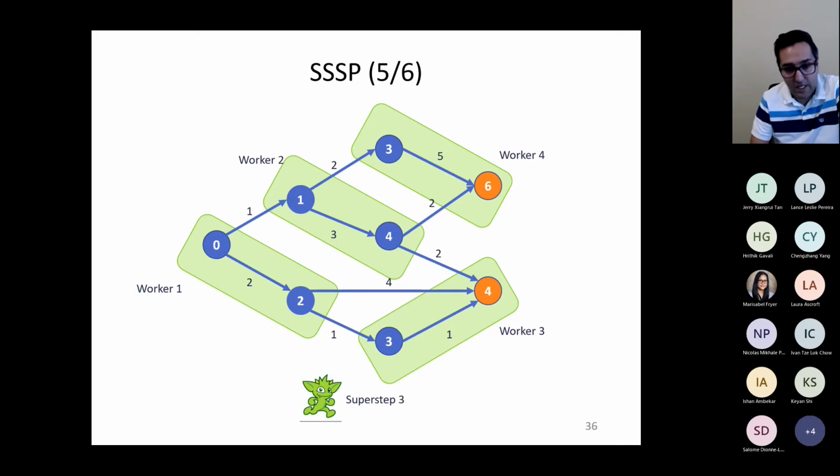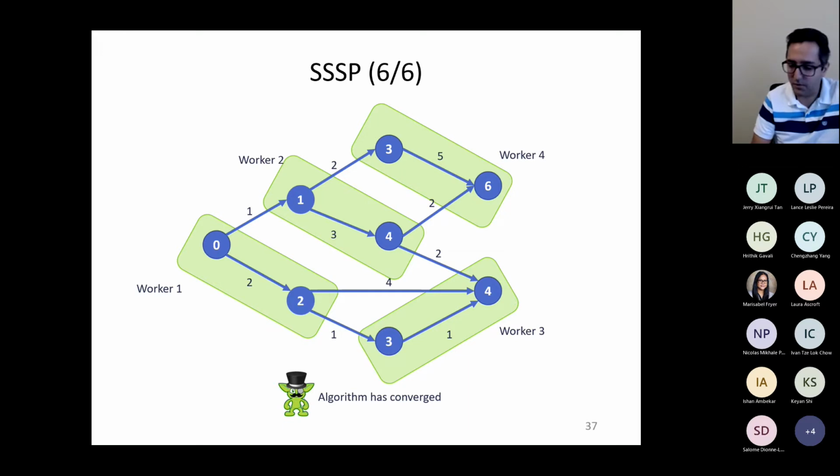In this case, they don't have any neighbors, so they don't have anything to do, and they don't receive any new message. So they also halt, and the algorithm converges. That would be the score for the shortest path from the source node to all other nodes, using the BSP idea and the Giraph implementation.